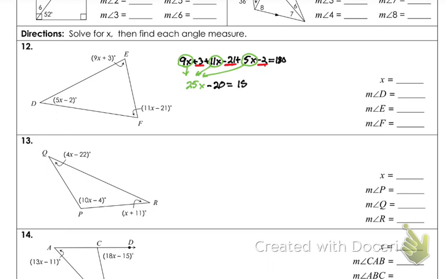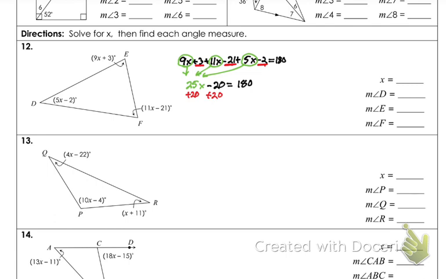And that should equal 180. So before you do anything, make sure your side is completely simplified. Now, to solve for x, you're going to move everything that's not an x. So that's that negative 20. What's the opposite of a negative 20? A positive 20. So we're going to add 20. Be careful, because I see people do this, and it's not how it works.